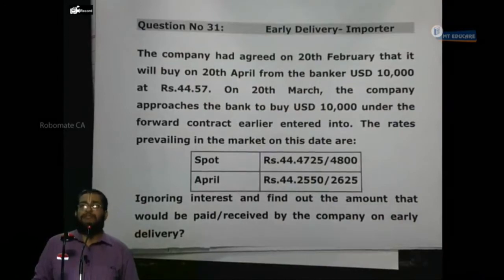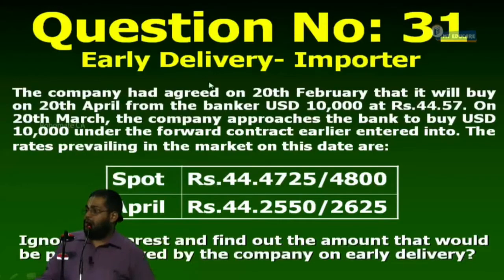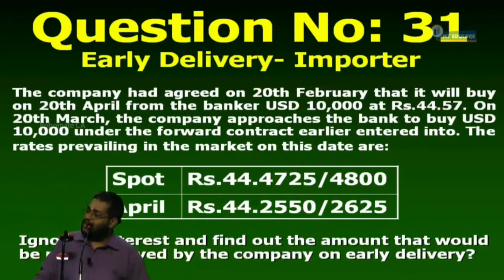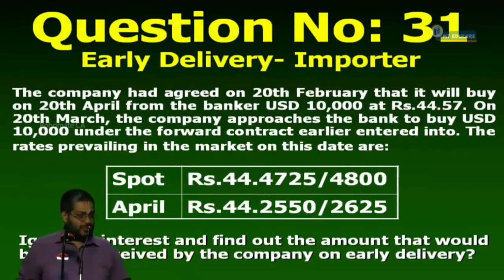I went to the bank first on which date? 20th February to buy or sell? To buy US dollar. On which date? 20th April. Okay. Now, when I went to the bank once again, 20th March, and said, I don't want on 20th April, I want what? Today itself. The aforesaid $10,000 is the issue. Are you following or not? Yeah, correct. So, can we start doing the solution together?